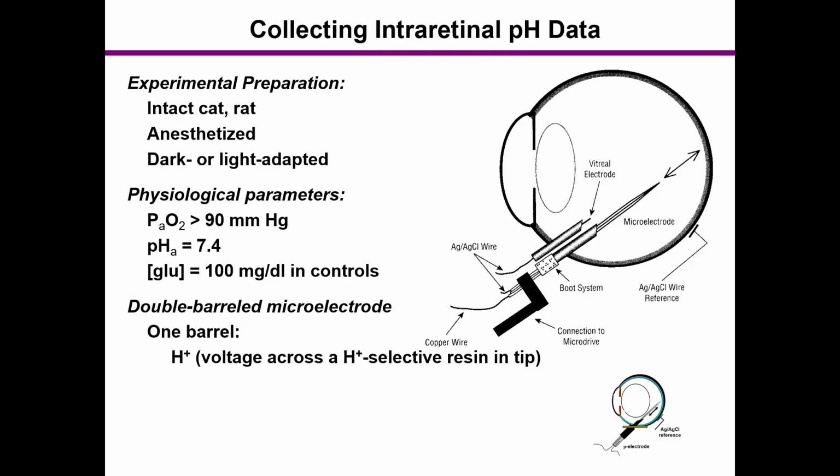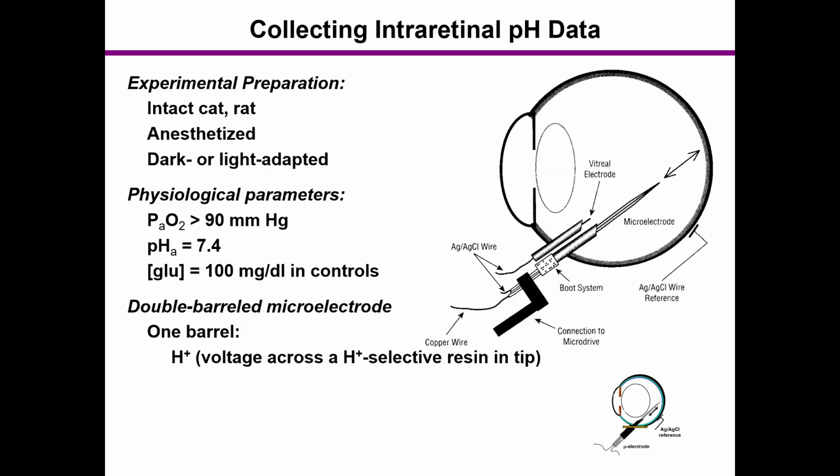And fundamentally, the technique is to use pH-sensitive microelectrodes. So one barrel of these is made by putting an ion-selective resin in the tip of the electrode, and that records a voltage proportional to the Nernst potential for hydrogen ion.